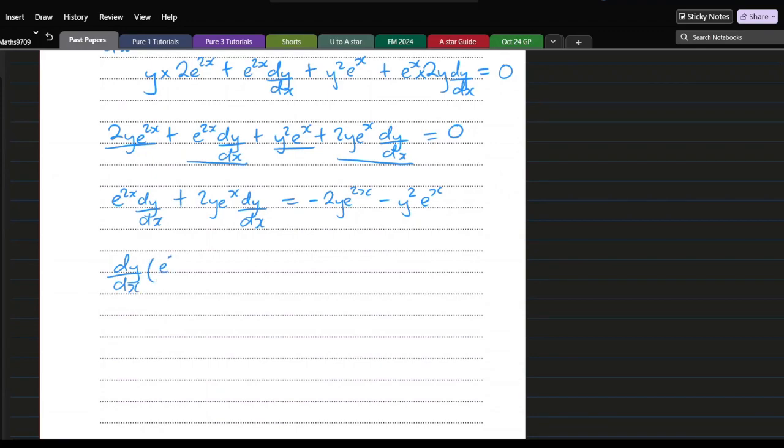So that's e to the 2x plus 2y e to the x, and this is equal to negative 2y e to the 2x minus y squared e to the x.